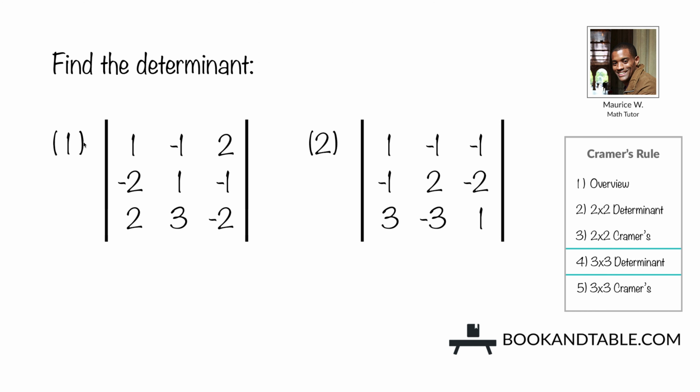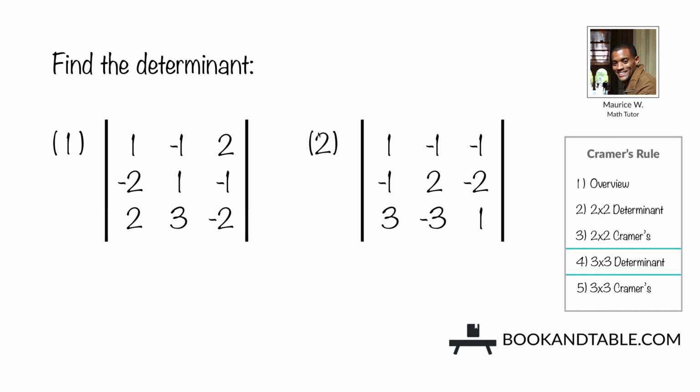Question number 1, find the determinant of this 3x3. Column 1 is 1, -2, +2. Column 2 is -1, +1, +3. And the third column is 2, -1, -2.